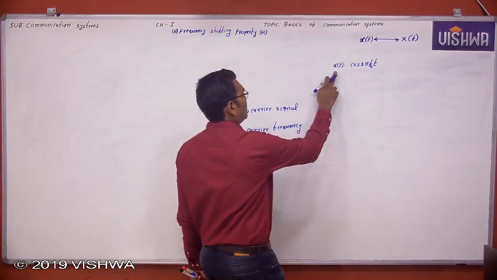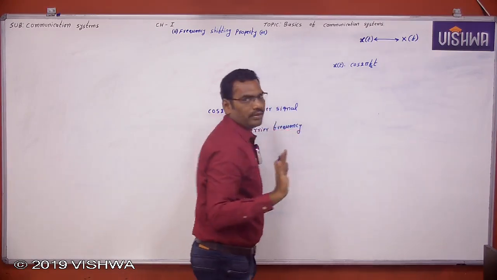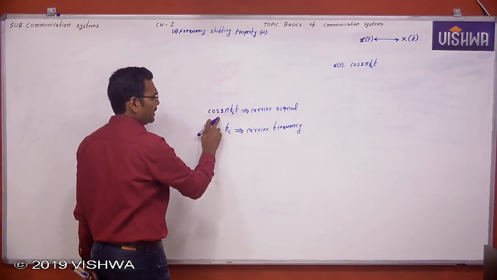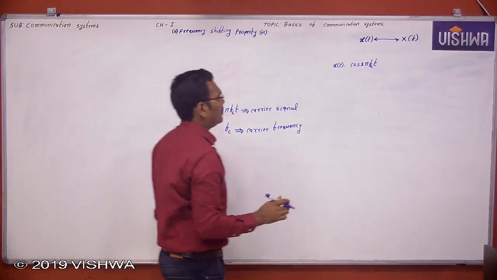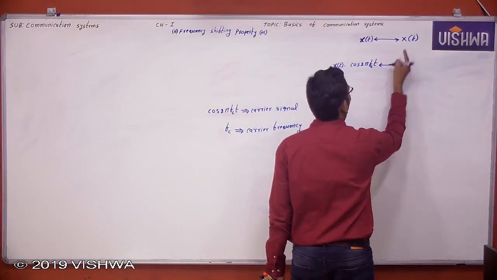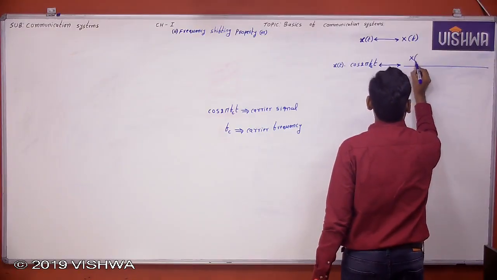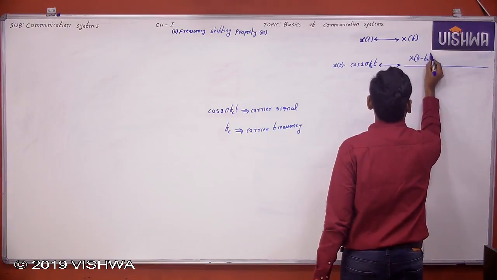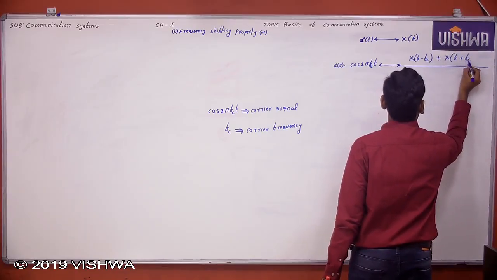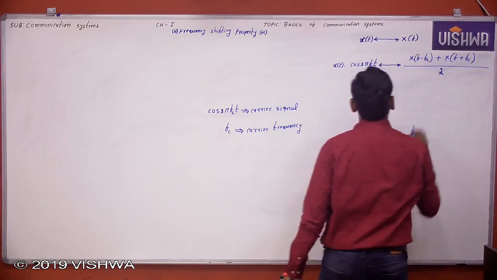So now a signal x of t is multiplied with a carrier signal of carrier frequency Fc. Then you know the Fourier transform of this is X of f minus fc plus X of f plus fc, and the spectral amplitude is decreased by a factor of 2.